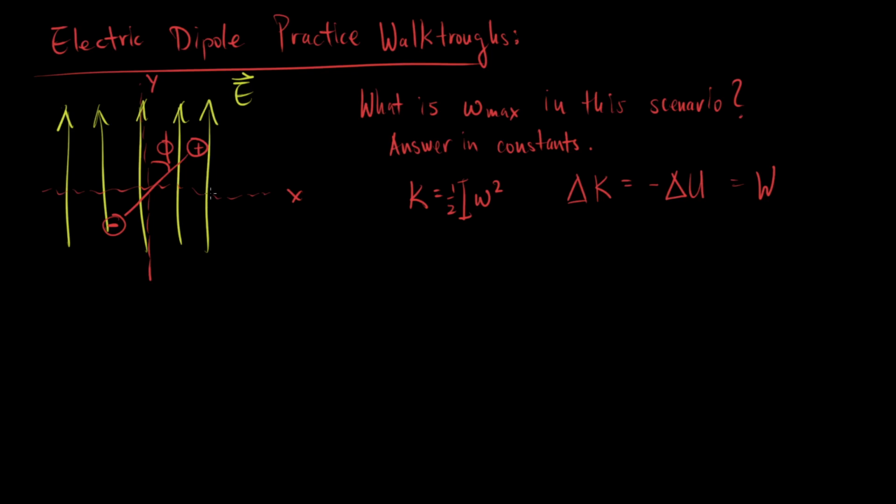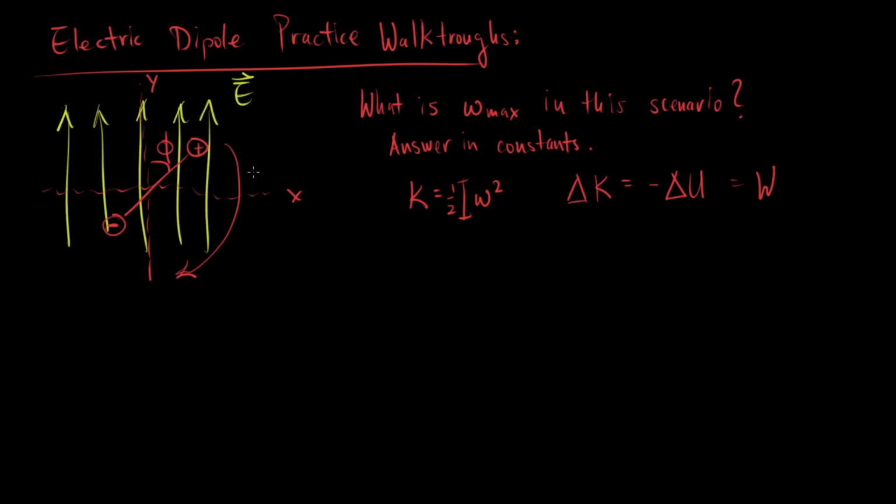So let's think. At the initial position here, first we have to think, what is the point where we will have an angular velocity max? The E field is running in the positive direction, and this dipole is situated in between. If I turn it this way, it would be anti-parallel to the E field. This positive charge will be opposite to this direction, and that means that it isn't going to move that way.